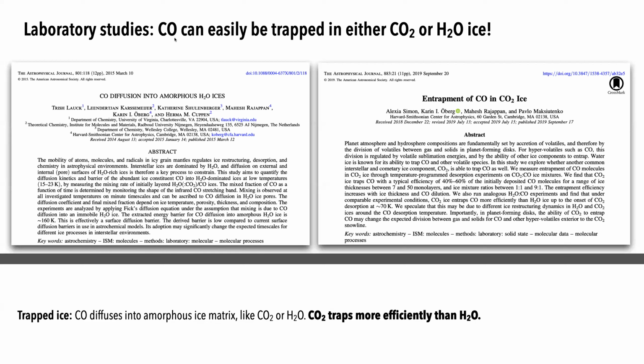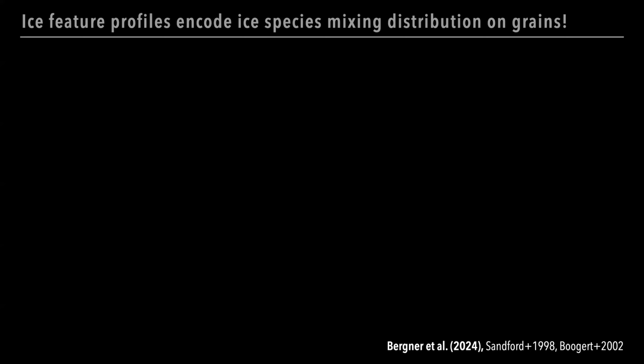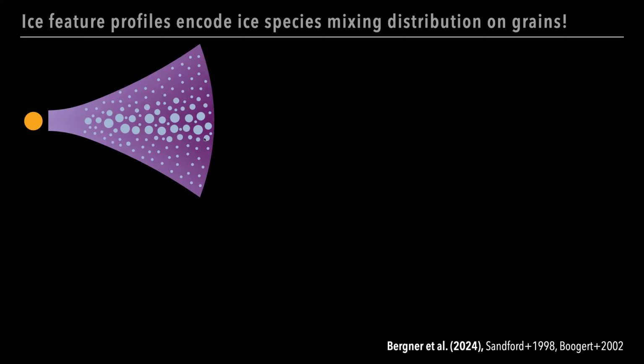And we took a look at this in a little more detail with a paper by Jenny Bergner, where we were looking at the ice distribution of the disk. We expect to have more ice located near the midplane, less ice in the upper layers.